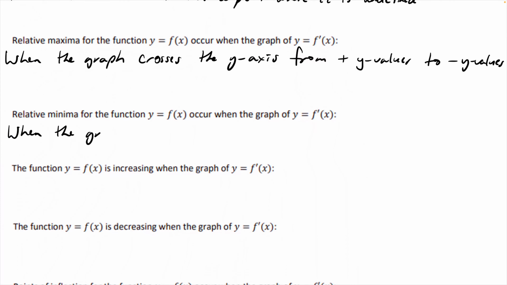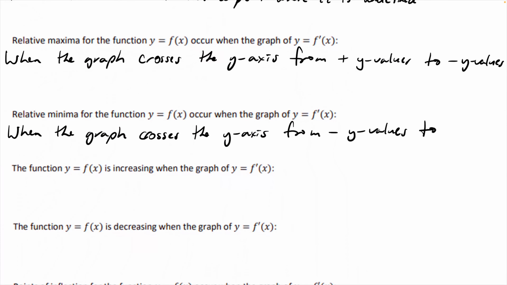When the graph crosses the y-axis from negative y values to positive, I'm going to use the words.